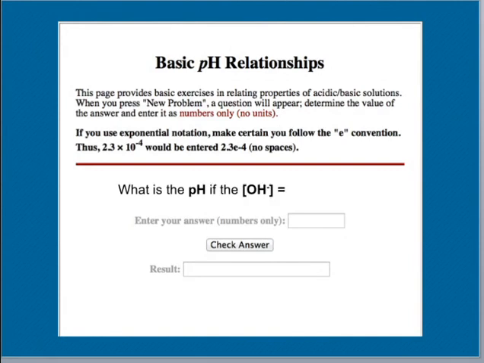All right, of course there's a tutorial. What's the pH if hydroxide is 6 times 10 to the minus 11? Oh my gosh. In order to figure out the pH, we need hydronium, don't we? Now, how do we figure out hydronium? Remember?